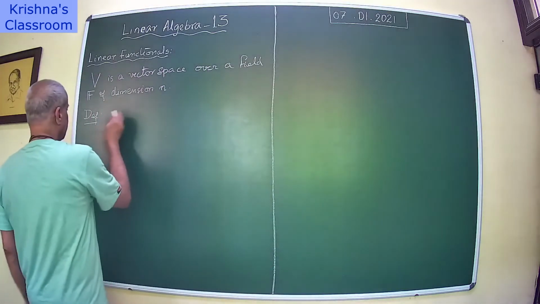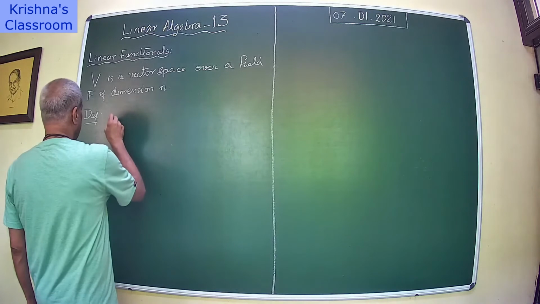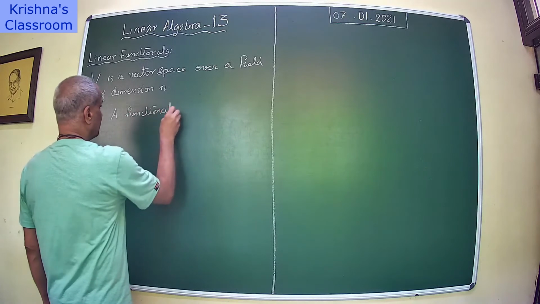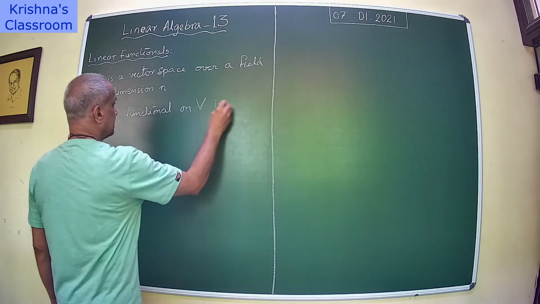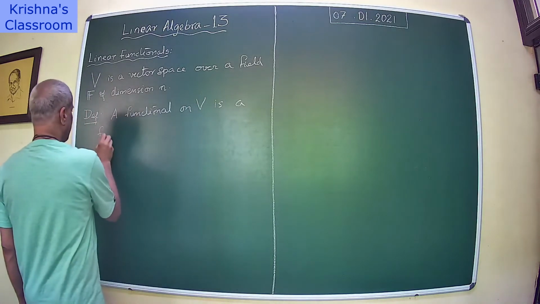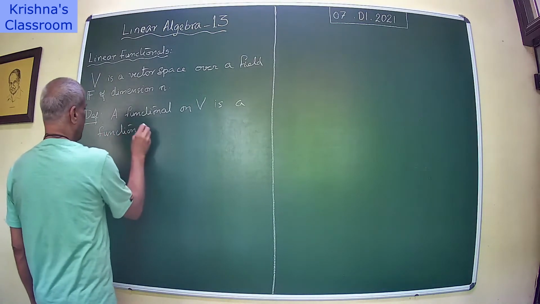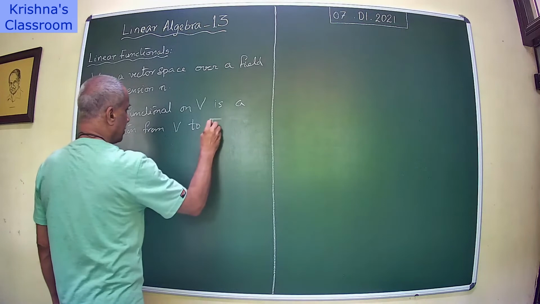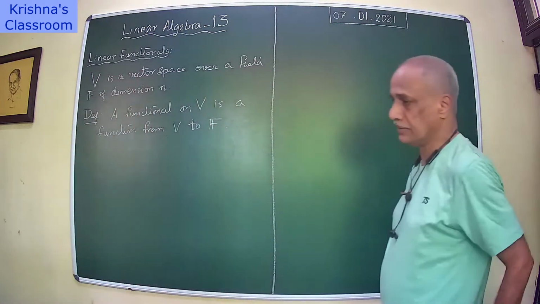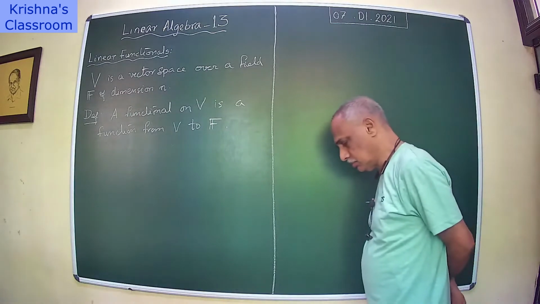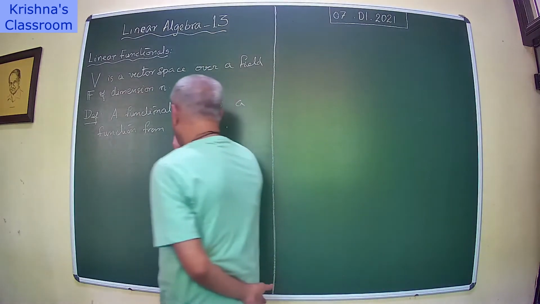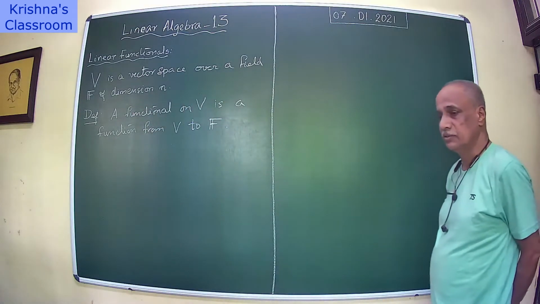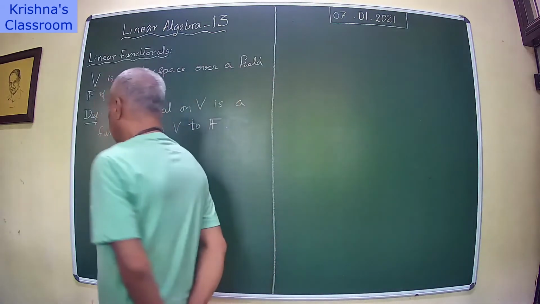A functional on V is a function from V to F. The important factor is that the domain is the whole of the vector space in this case, and the range is the associated field. Let's give some examples.